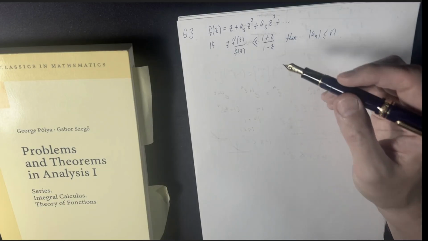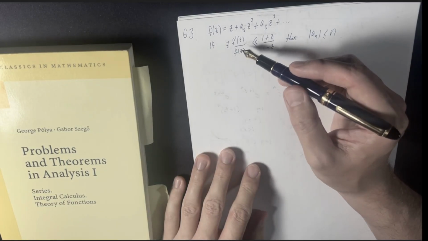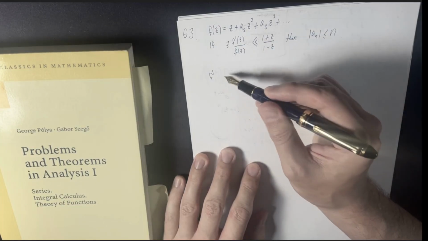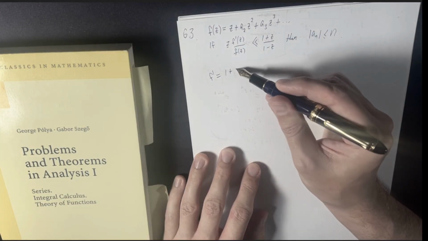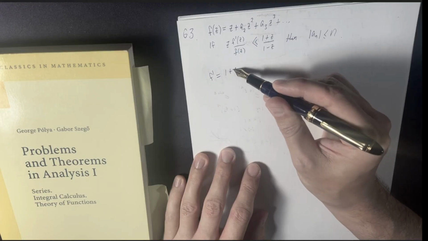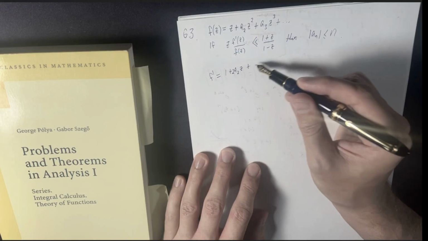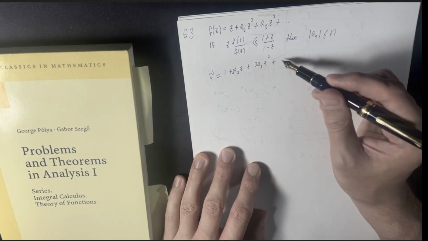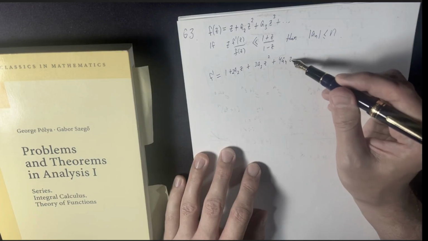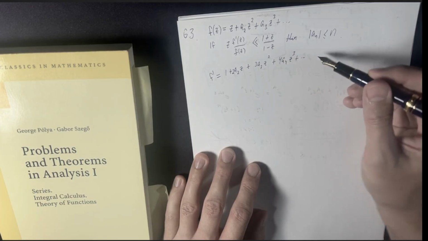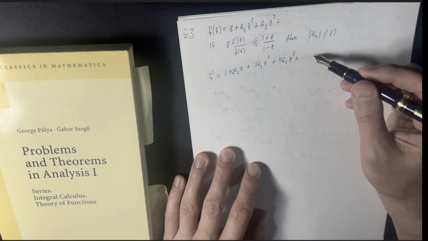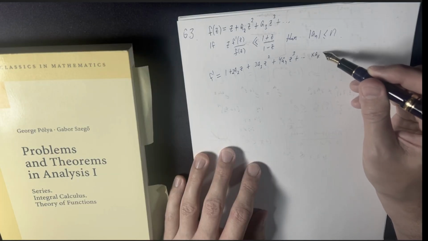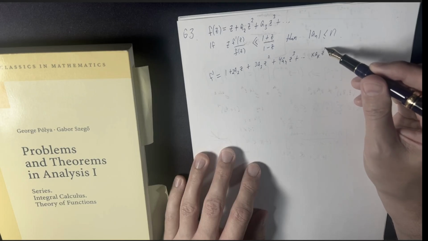I'm not sure how I'm getting there, but when you do take a derivative, you're getting 1 plus 2a2z plus 3a3z squared, etc. So in general you get k, ak, z to the k minus 1.